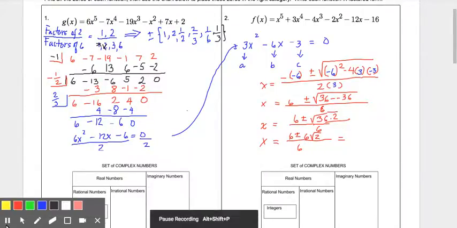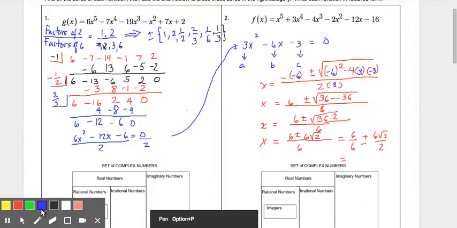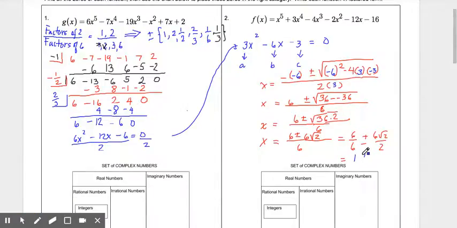So now we'll have 6 over 6 plus or minus 6 square root of 2 over 2. And then we can divide.